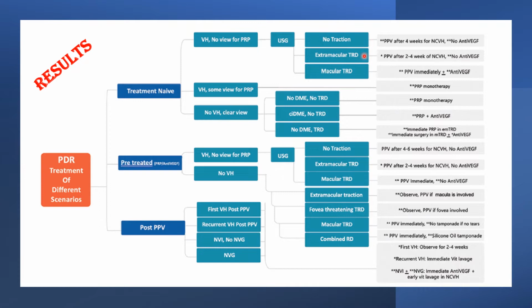If there was tractional retinal detachment in the extramacular region, the time for vitrectomy shortens, still no anti-VEGF.